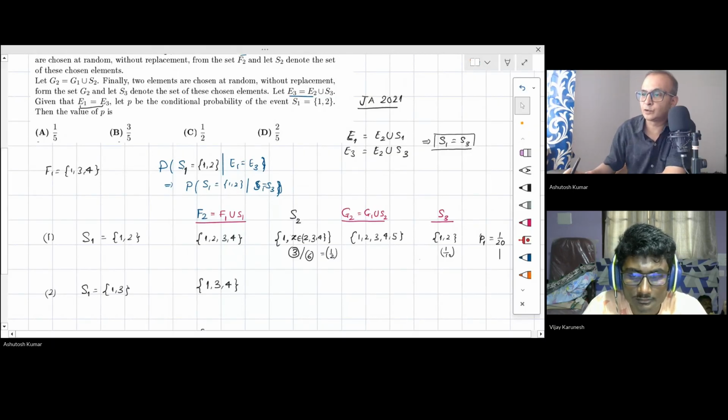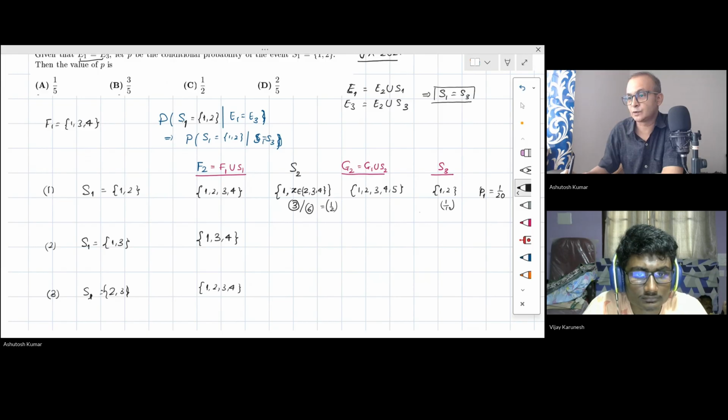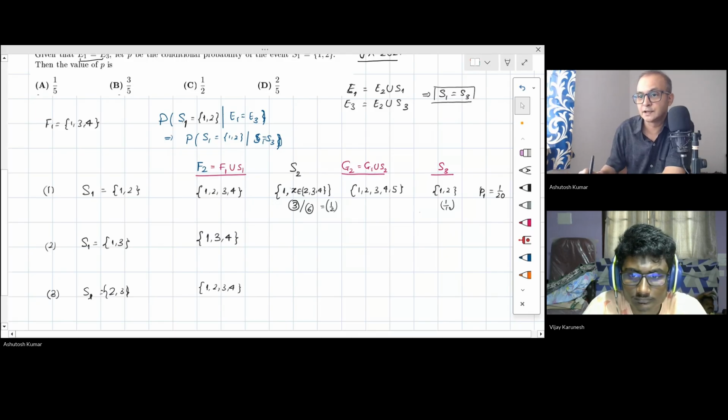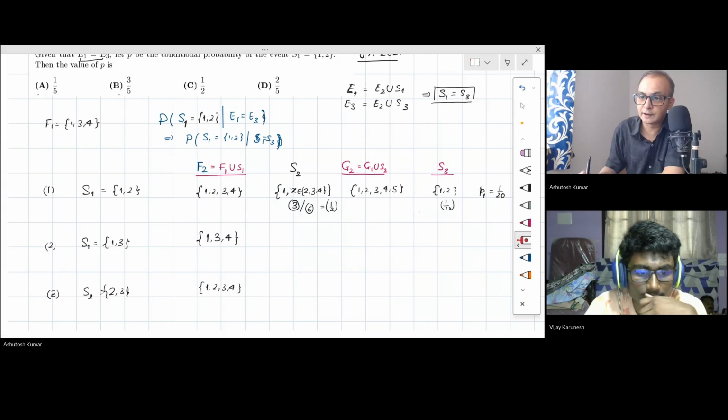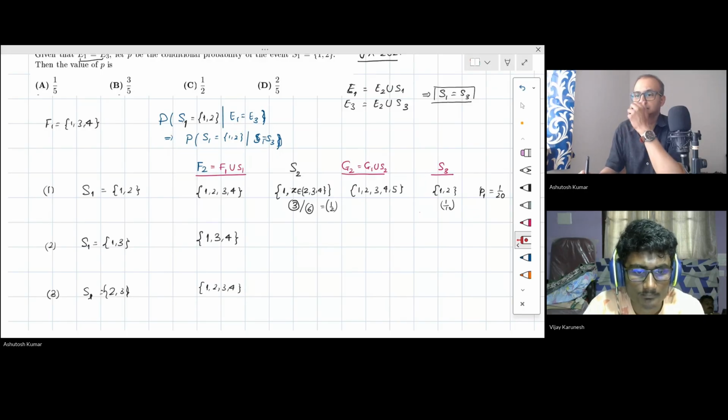After getting this, what do I actually have to find? You notice I have to find this thing, {1, 2} in S3 matching {1, 2}. The probability they are asking is for S1 given that S1 equals S3. So these are all the possible cases. I'm going to find the probability in which S1 can be equal to S3.